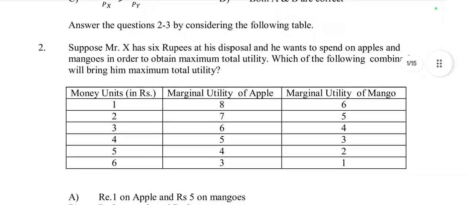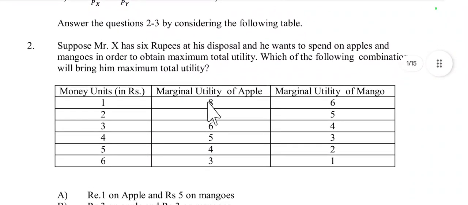Then the next questions: answer questions 2 and 3 by considering the following table. Here is a table. So you have to give the answer of questions 2 and 3 from the table. The question is, suppose Mr. X has 6 rupees at his disposal.